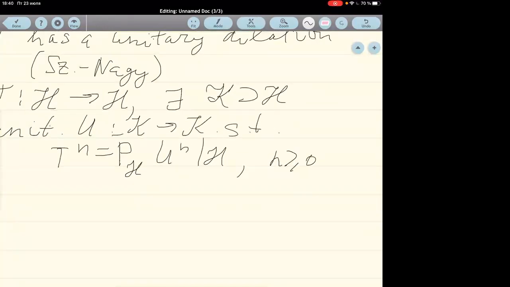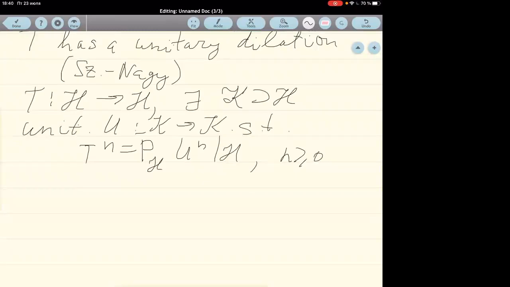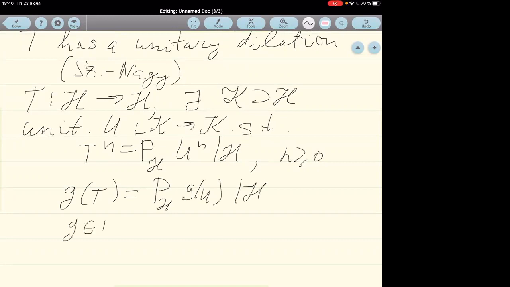Okay, then we can define functions of T in the following way. It's the projection onto H times g of U, where U is our unitary dilation, restricted to H. And this can be done for all functions g in H infinity, bounded analytic functions in the disk, such that g is continuous everywhere on the unit circle, except possibly at the point 1.